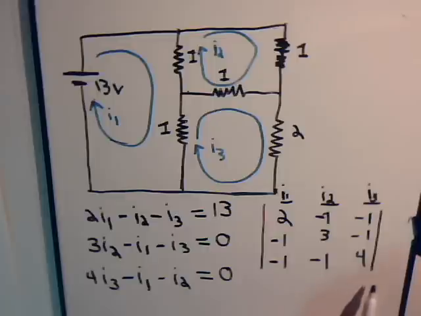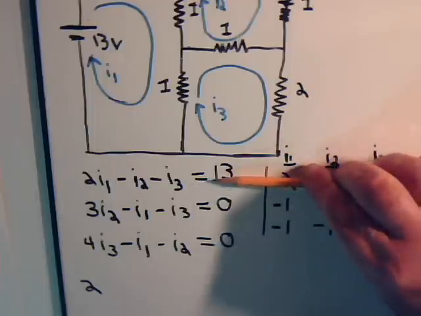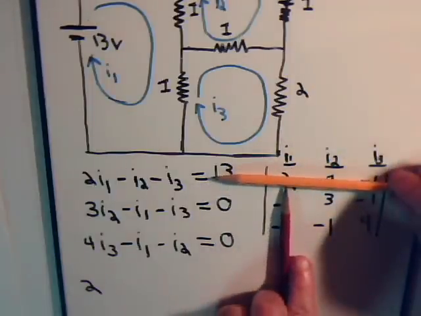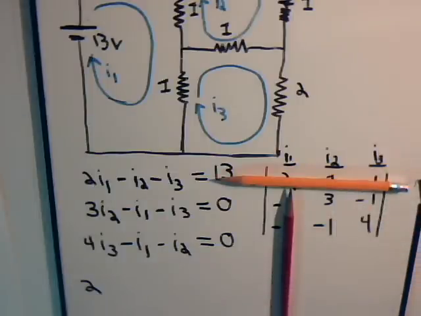Okay, so the numerical value of this, we're going to expand it out using minors. So we'll have 2, and then 2 will be multiplied by this submatrix. Cover up this row, cover up this column, and we have 3, -1, -1, 4.